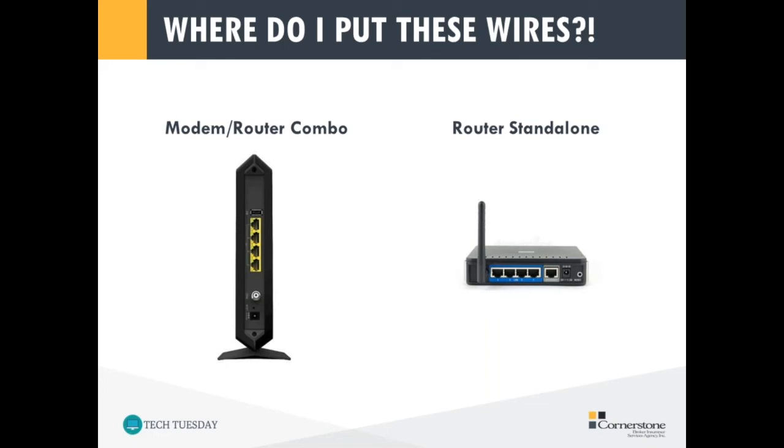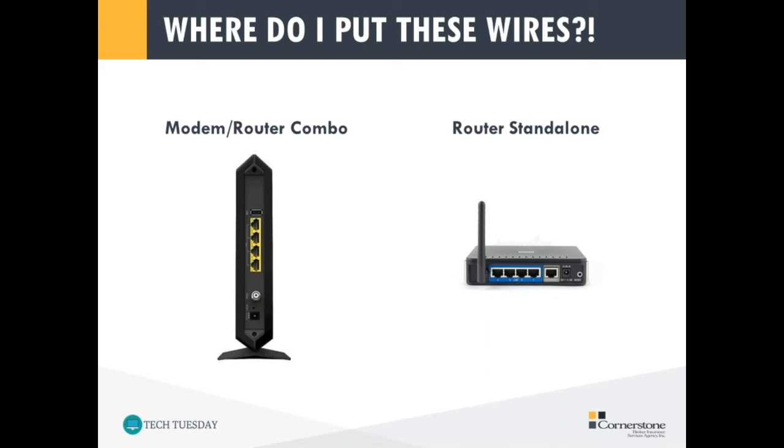That's the port that you'll be using to connect your cable line into your modem. This box you're seeing on the left is a modem router combo, but most modems look about the same as that actually. Those connections in the yellow box on the left, those are your Cat connections. So that's where you would plug in your Ethernet cable as well.